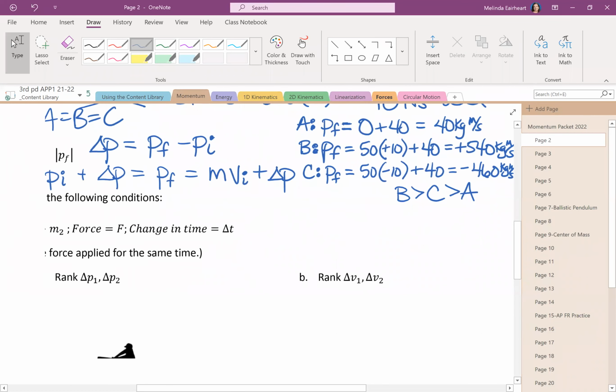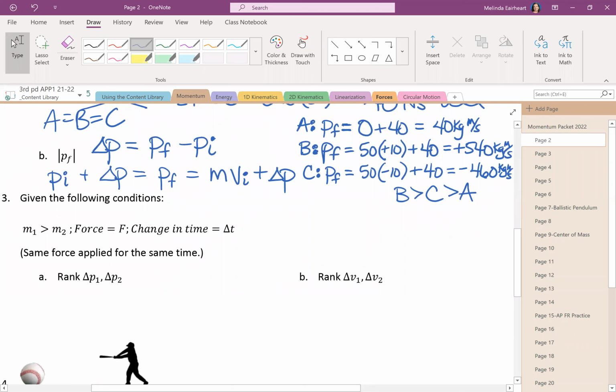All right, number 3, given the following conditions. So concept, mass 1 is greater than mass 2. We don't know by how much, we just know the ranking of the mass. Force, the same force is going to be applied over the same amount of time.